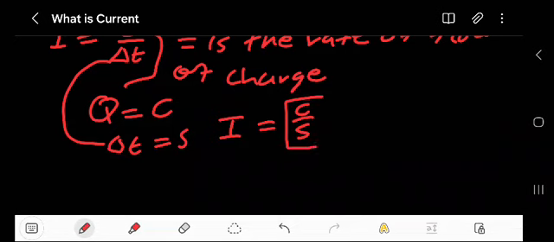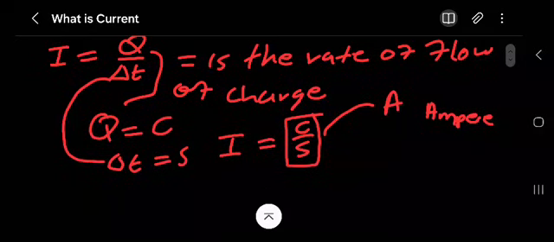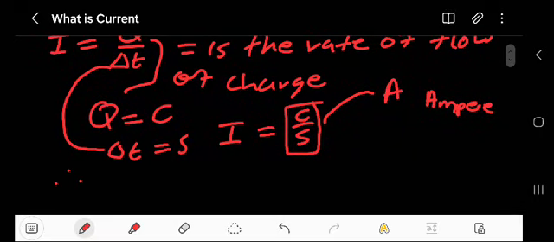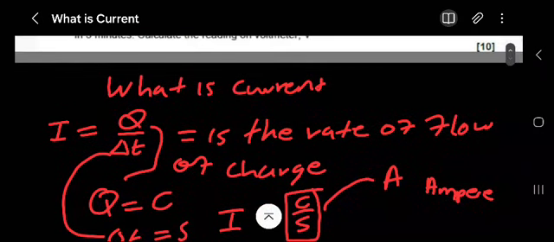Coulombs per second is the same as the amp, where amp is ampere. It's one and the same thing, right? Therefore I is equal to Q over change in t, which is coulombs divided by seconds.